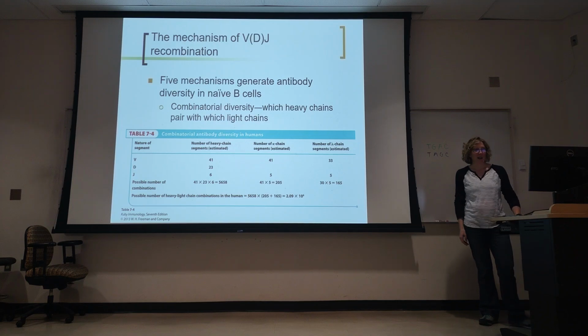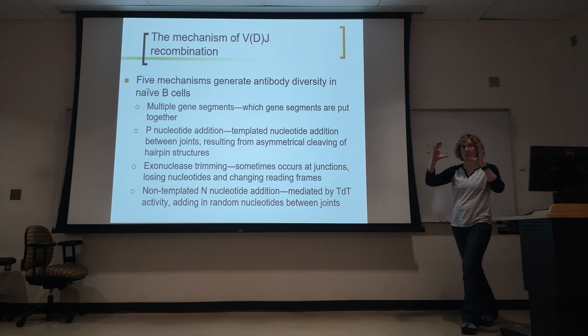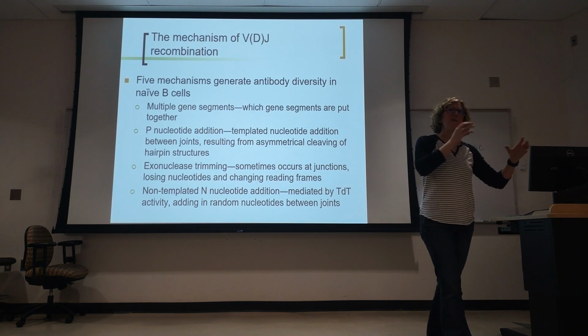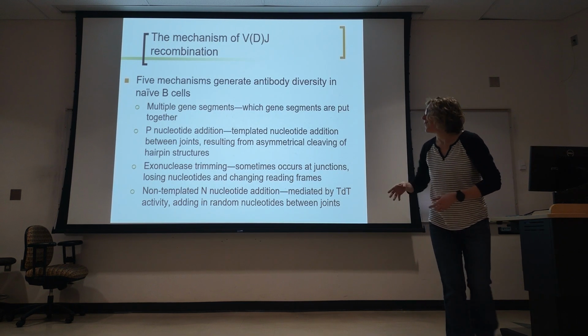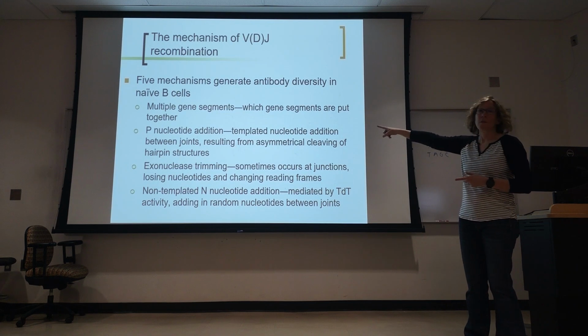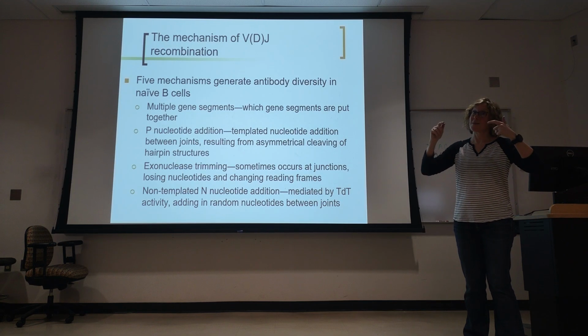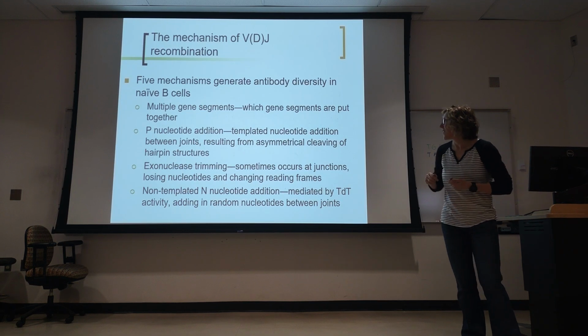Right, but the 5 ways make sense. So multiple segments, multiple V's, D's, and J's. Sometimes there's scripted addition, sometimes the script gets tweaked a little. Sometimes we chew up the ends, sometimes we add ends. Right?